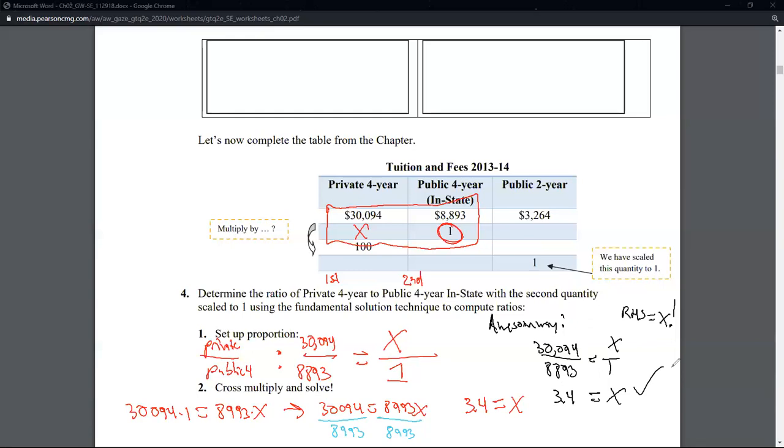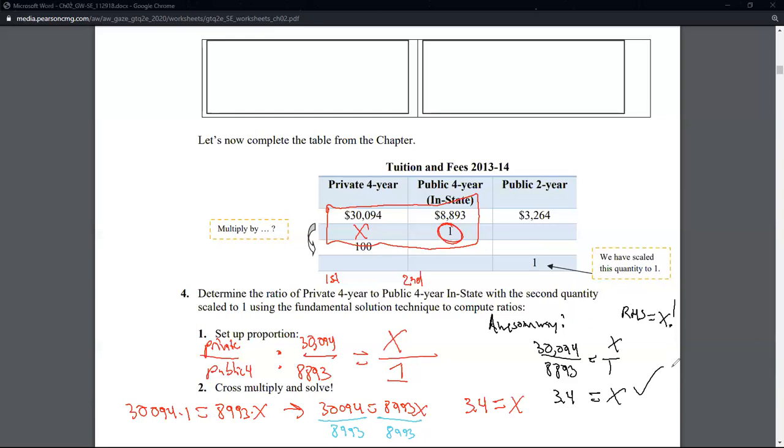This is the reason we love to scale the second quantity to 1. Scaling the first quantity to 1 does not give us this awesome simplified version of a proportion, this awesome way that just simplifies like butter instead of having to cross multiply. Now, I'm all about multiple methods. I don't care how you get things done as long as you can get things done, which is exactly why I'm showing you all these different ways to do things.